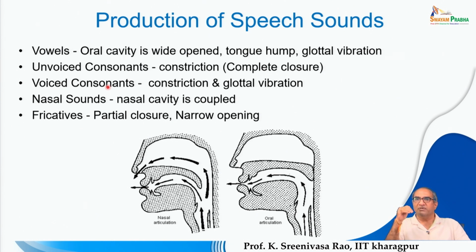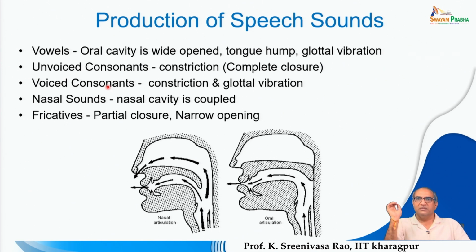So for these sounds like ga, ja, da, ba, when I am uttering them, the vowel is also associated. The actual sound is what I mean to say: the voiced consonants means ga, ja, da, ba.